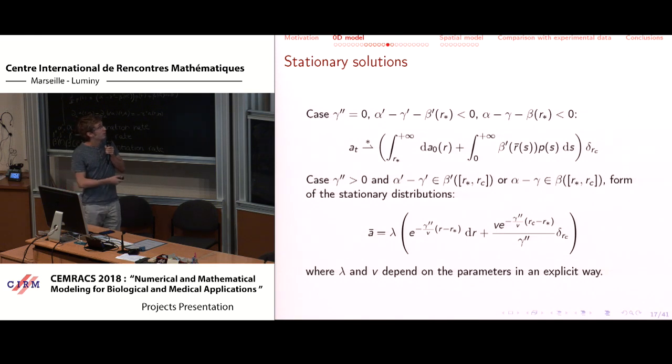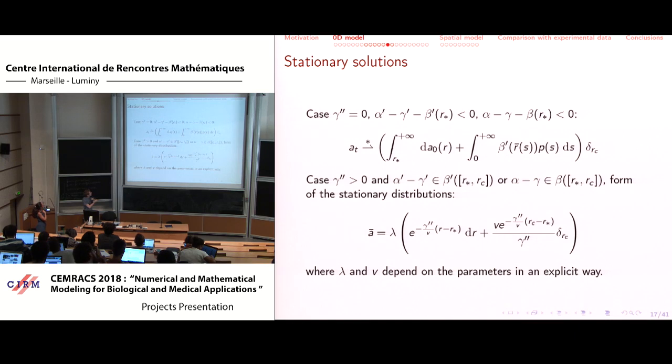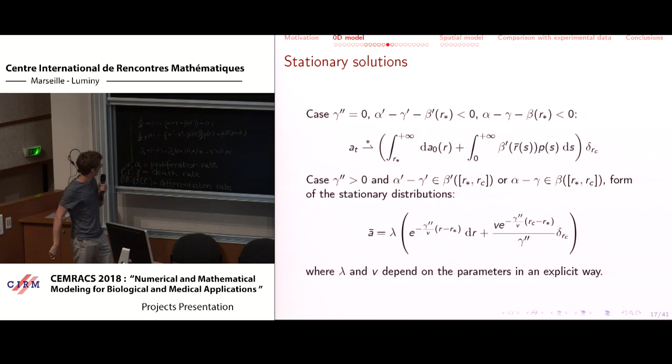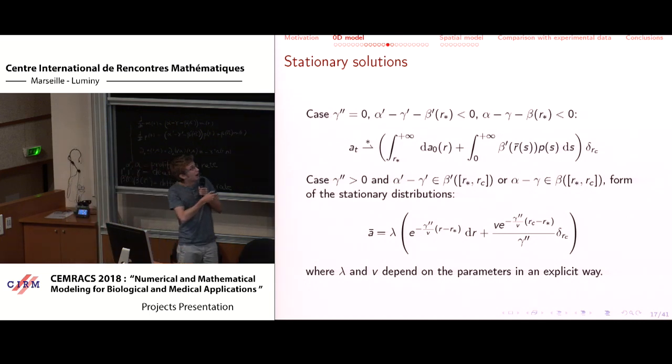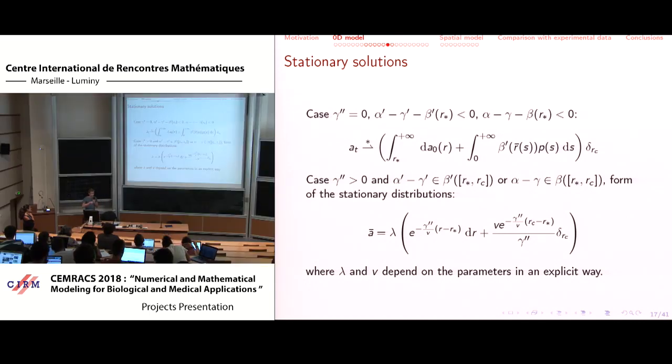For example, I represent the case gamma second equal to 0, and here the evolution rates that correspond to the kind of growth rate in the ODE are negative, so we expect the cells to decay exponentially.